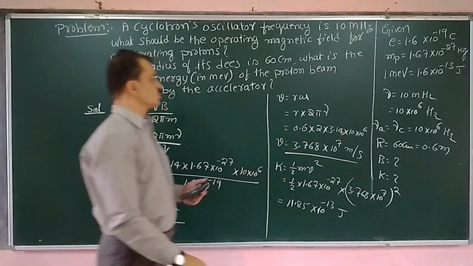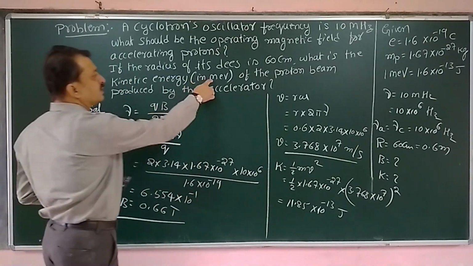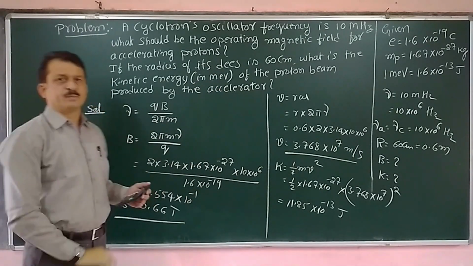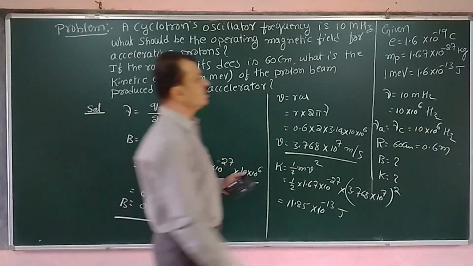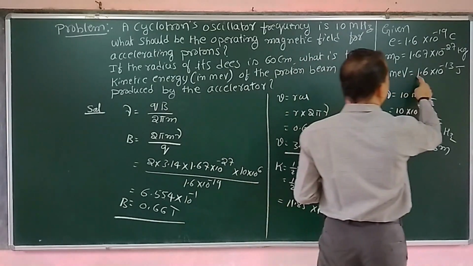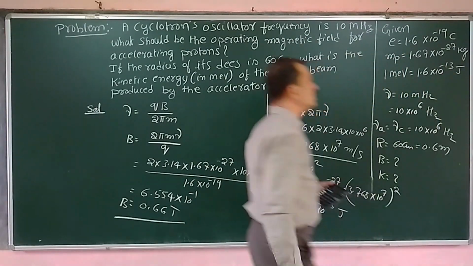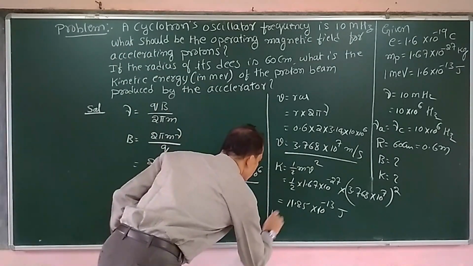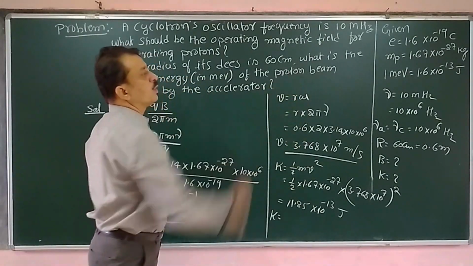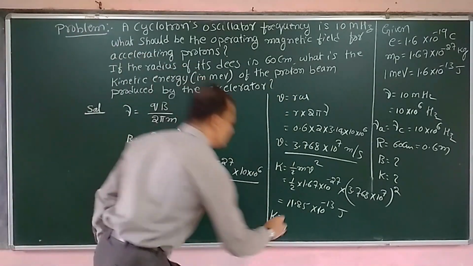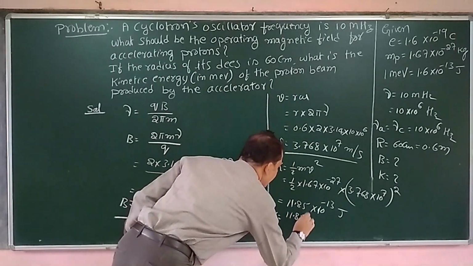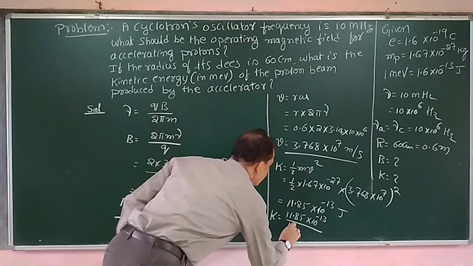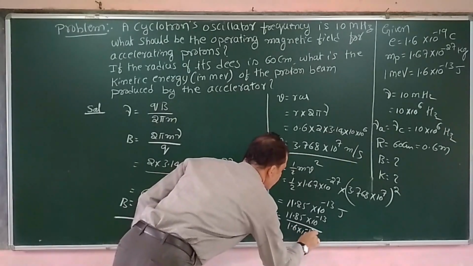It is in joules, but they have asked to calculate in million electron volts. So 1 million electron volt is equal to 1.6 into 10 to the power of minus 13 joules. Therefore, in terms of million electron volts, divide this by 1.6 into 10 to the power of minus 13. So 11.85 into 10 to the power of minus 13 divided by 1.6 into 10 to the power of minus 13.